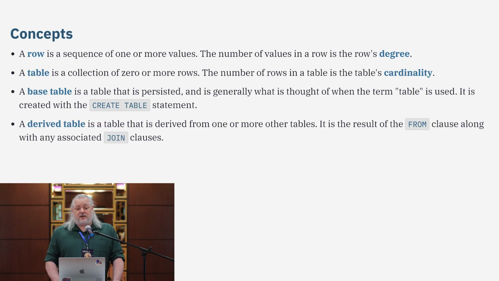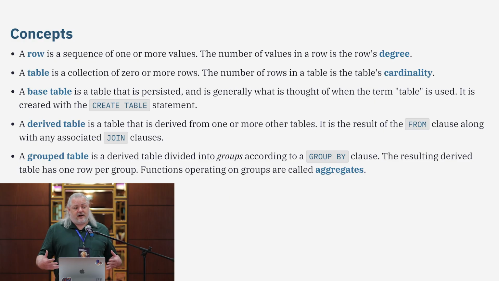A derived table is the result of a query. It's also a collection of rows, but it's not stored anywhere. You can also name derived tables and call them views, or just use subqueries, or even not a subquery. A regular query is a derived table.